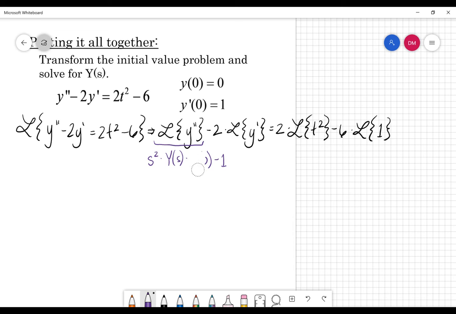It's f of 0 there, or in our case, lowercase y. Okay, so if we go off of the table, it will have f. We used y here. So let me go ahead and do this just to make that clarification. Okay, so this y of 0 is equal to 0, so that eliminates, and we get 1 from this.